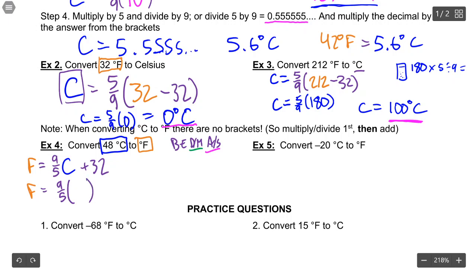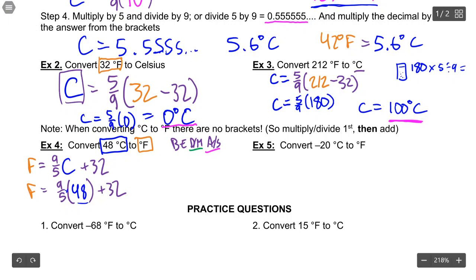Normally when I do a substitution, I like to put it in brackets so I don't get confused. So I'm going to put my 48 degrees in brackets, but this just means multiplication. There's nothing in the brackets to do, but I'll put it there as a placeholder for multiplication. Now 9 divided by 5 is 1.8.